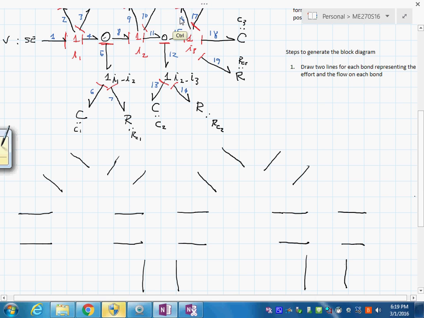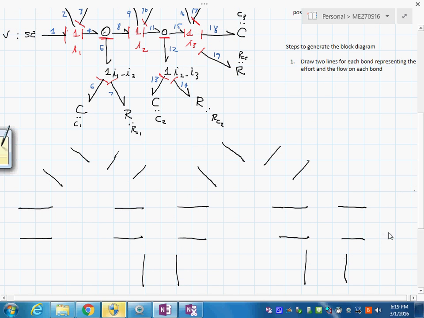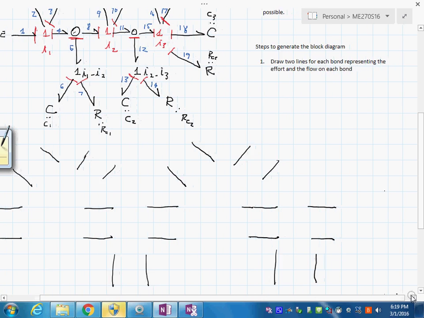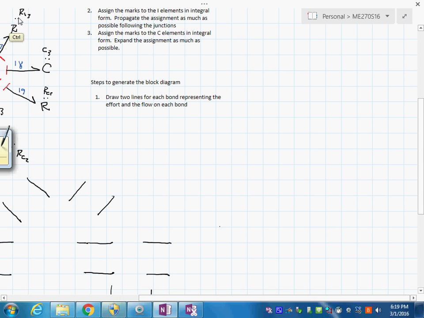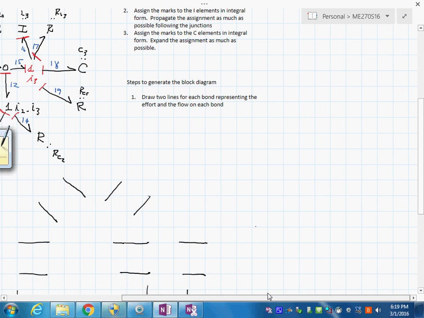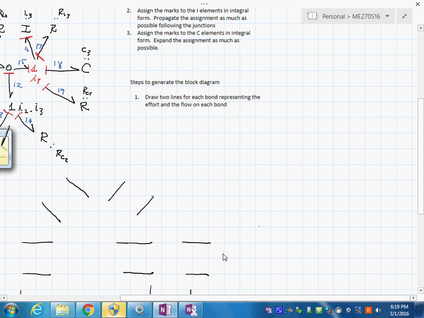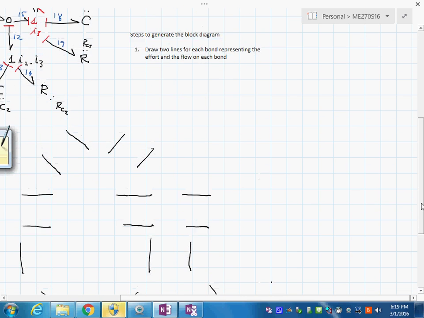And then the R element, which is over here, and then we have a C element, which is over here like this, and then we have this R element, which is like this. But also on this side, I think we are done basically, aren't we? Because I just did it for the R element, which corresponds to that.